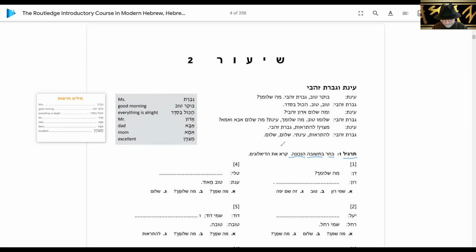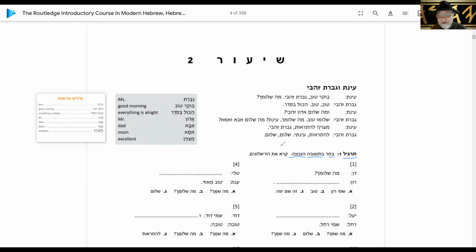So this looks like a het. So this is like select. In other words, they want you to select something. What do they want you to select? Teshuva, let's see. Okay, so they want you to select an answer.